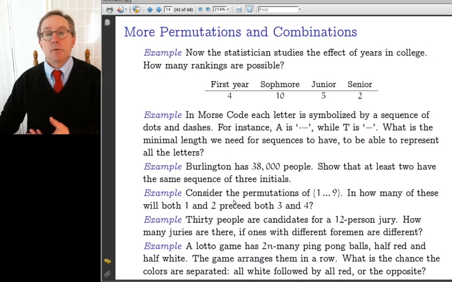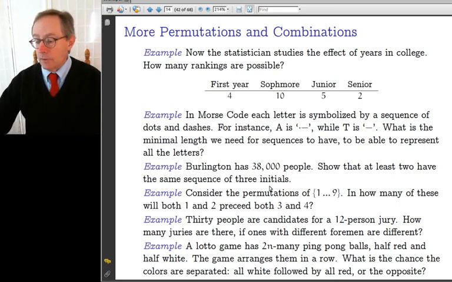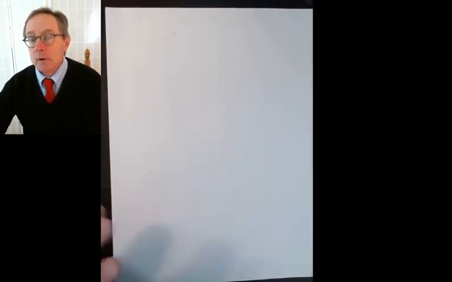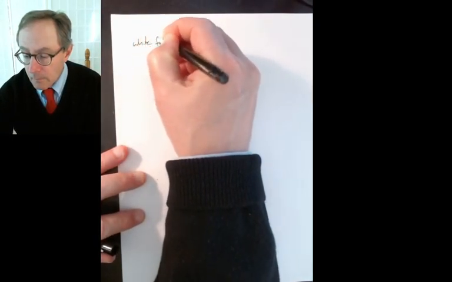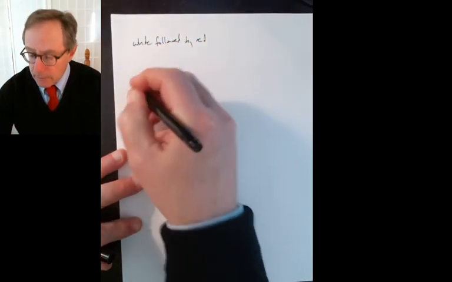So it seems to me you can arrange the ping pong balls in 2n factorial many ways. How many of those ways involve whites followed by red or reds followed by whites? Well, if it's white followed by red, then you're looking at arranging the whites and then arranging the reds. Okay, so let's pop up a piece of paper. I'm going to do two cases: white followed by red, or red followed by white.